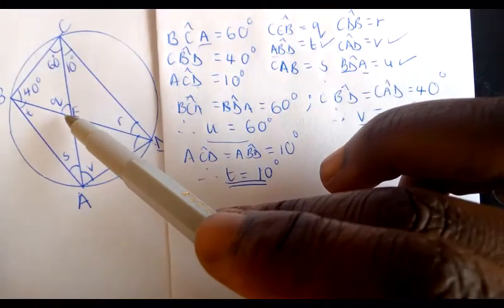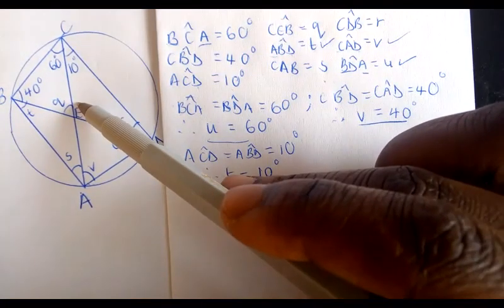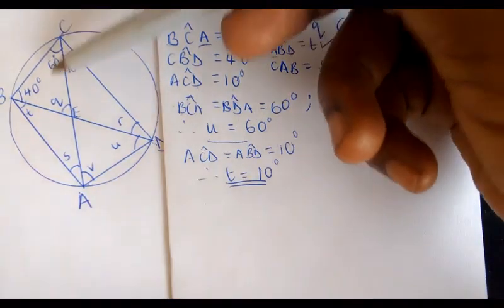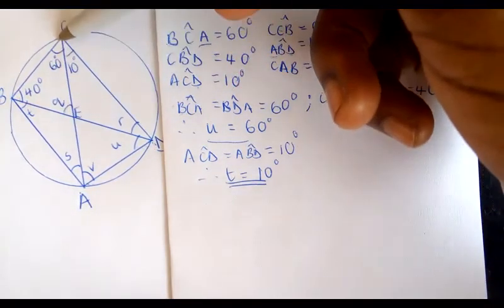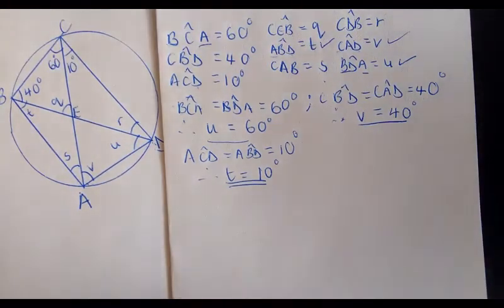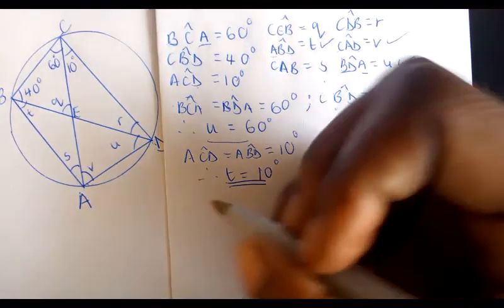Then see, angle Q is not subtended at the center or at the circumference. So to look for angle Q, we can see that angle Q is in a triangle, and a triangle adds up to 180 degrees. So these three angles should add up to 180 degrees.